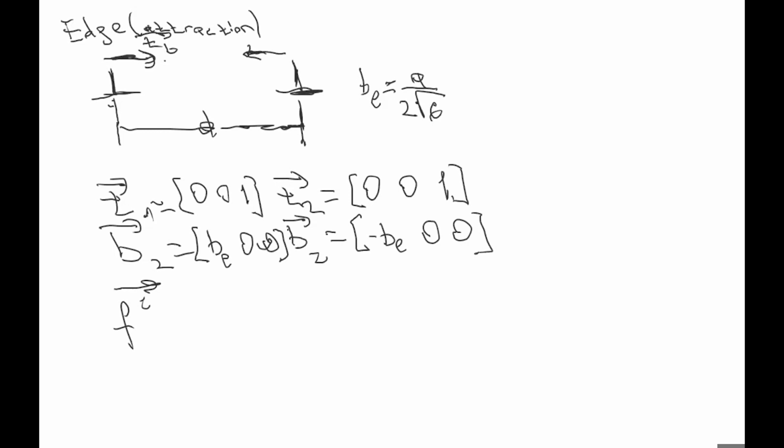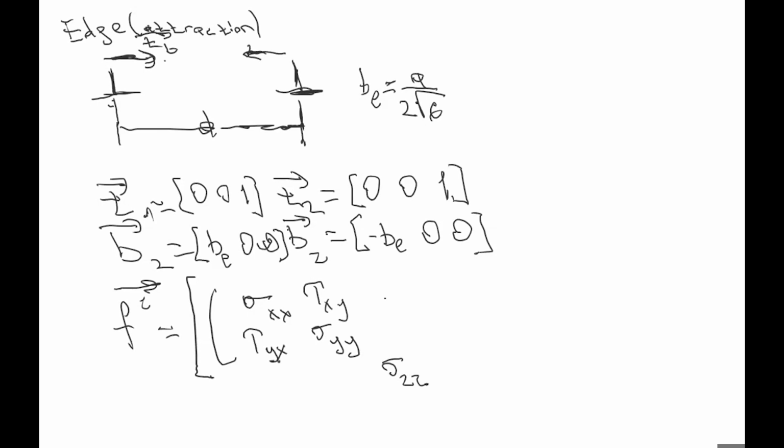I'm pretty sure you guys know the stress fields of the edge dislocation. We have sigma XX, sigma YY, and sigma ZZ. And we have tau XY, tau YX.